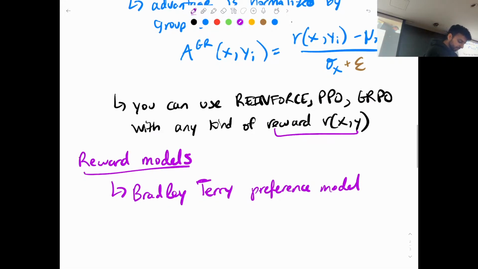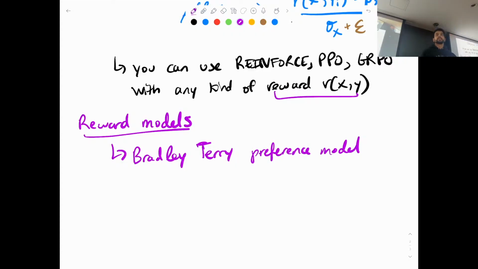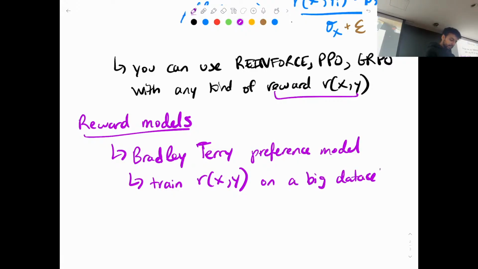I'm not going to go over the exact math again, but just the intuition and how this differs from what we've seen more recently with DeepSeek. So here, we're going to train our reward model, which we can just say is this R function, on a big data set of human preference judgments.